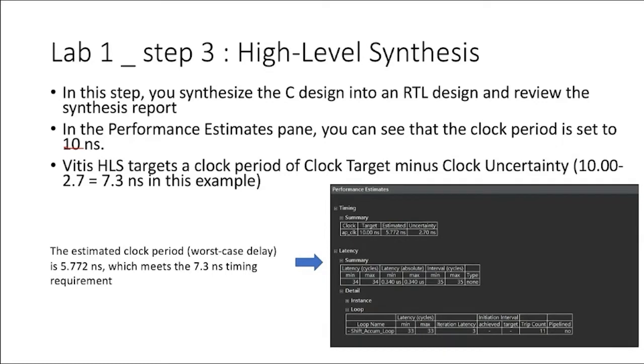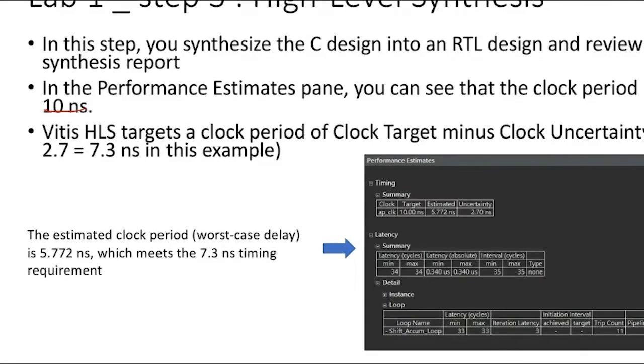So in this case, it's 10 nanoseconds minus 2.7 nanoseconds, which equals 7.3 nanoseconds. Here the estimated clock period in the worst case is 5.7 nanoseconds, so it meets the 7.3 nanosecond timing requirement.